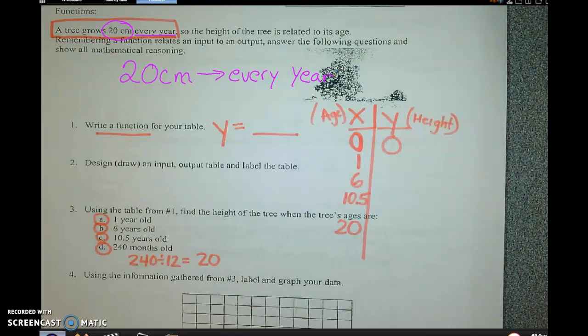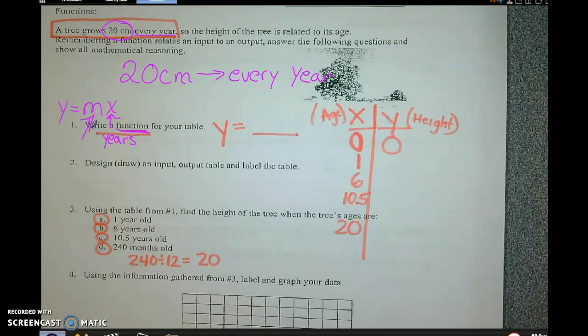So like for number 1, we need to write a function. For our function, it's always going to be in the format of y equals mx. Okay, so in our case, x is going to represent the number of years.